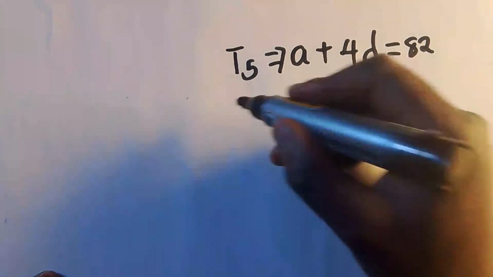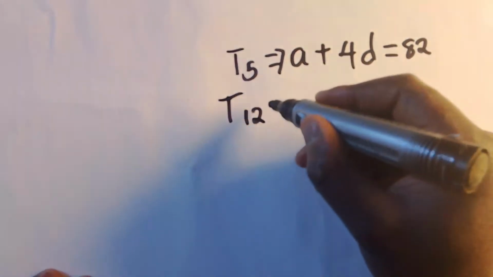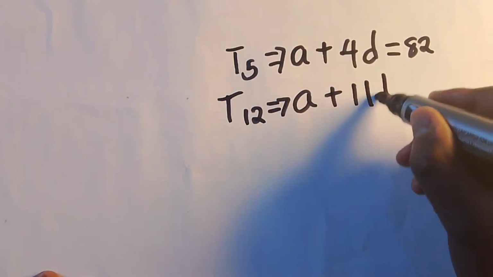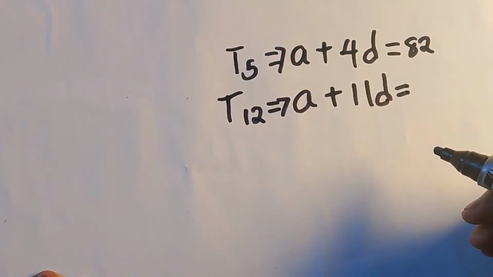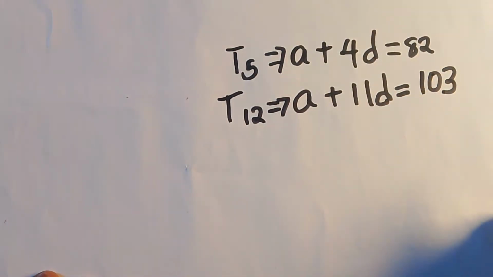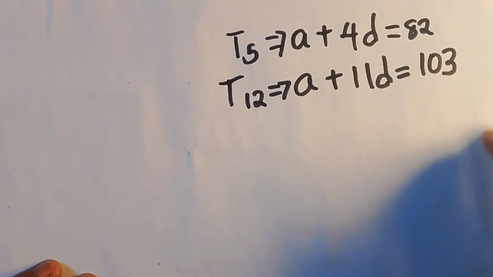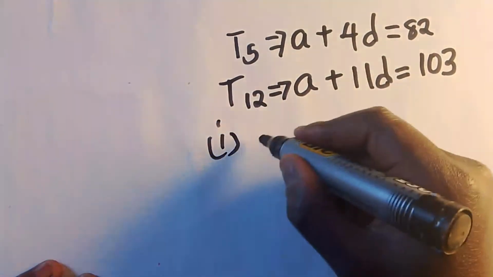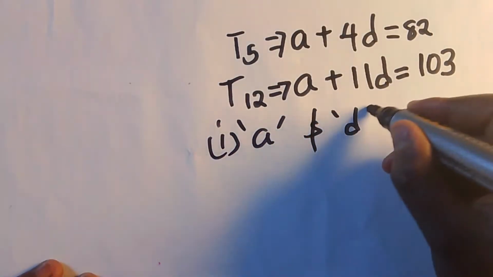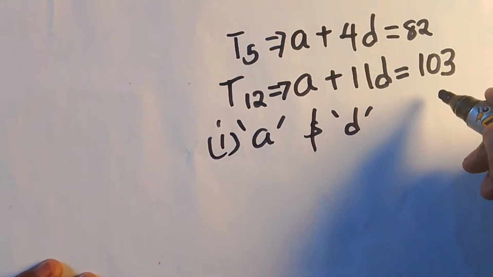And the 12th term, which is a plus 11d, is 103. The first question: find a and d, 3 marks.